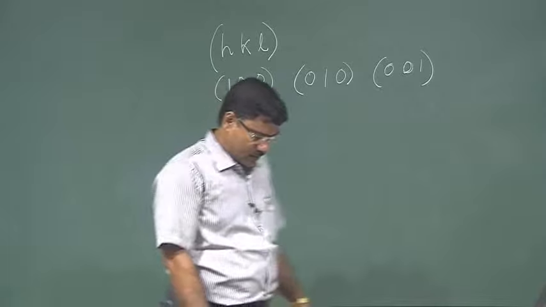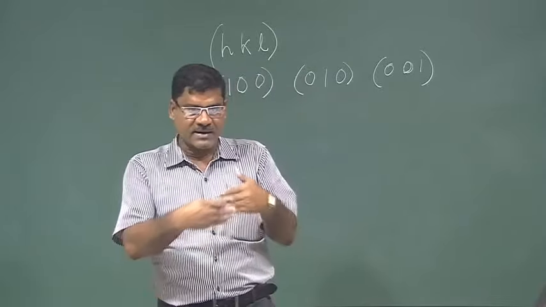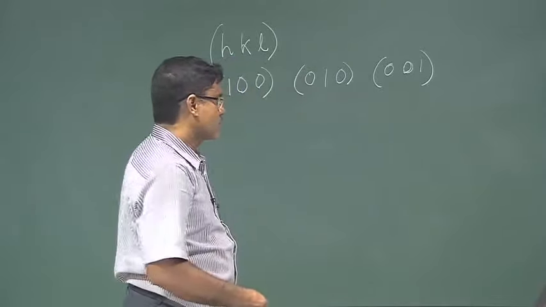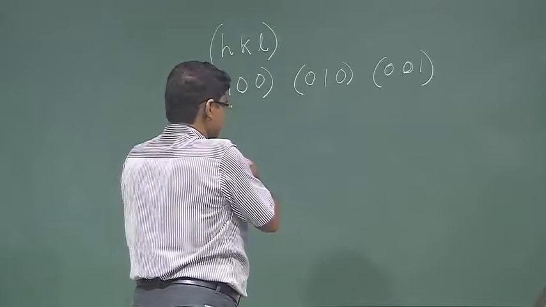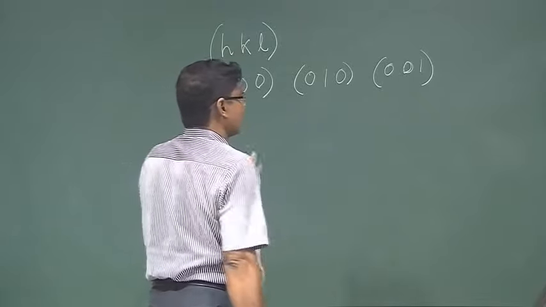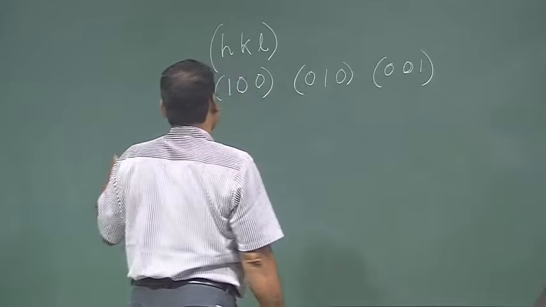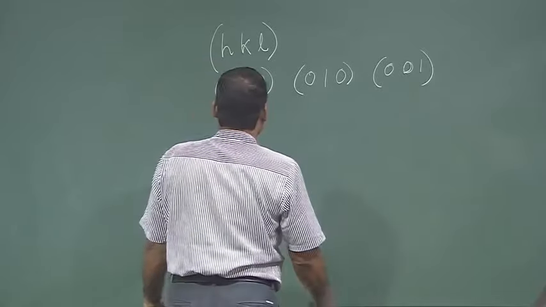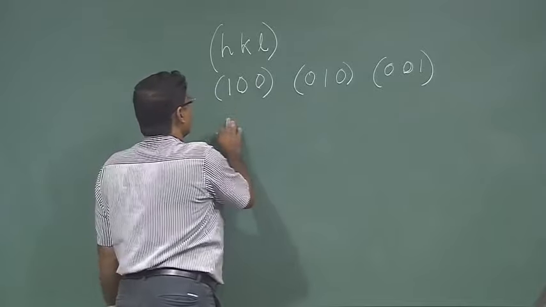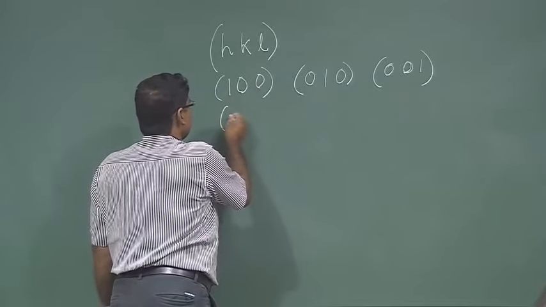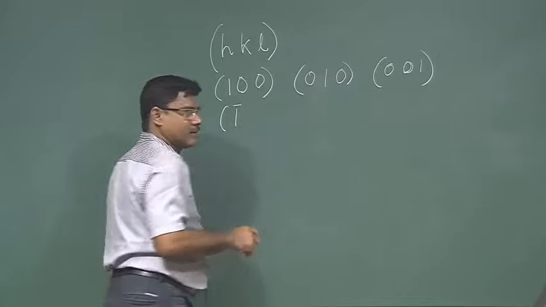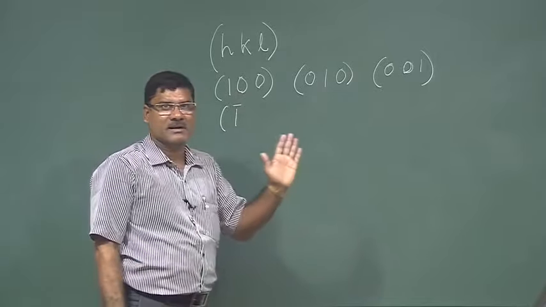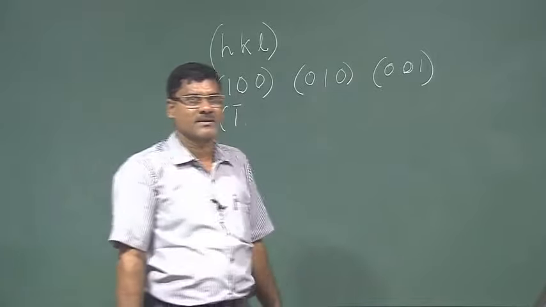To differentiate whether it intersects at the plus side or the minus side, we write not minus 1, but 1 bar. So, 1 bar represents that it intersects at the negative side.